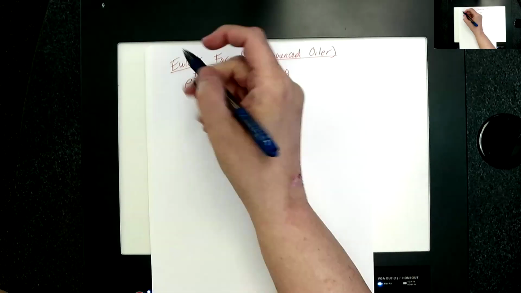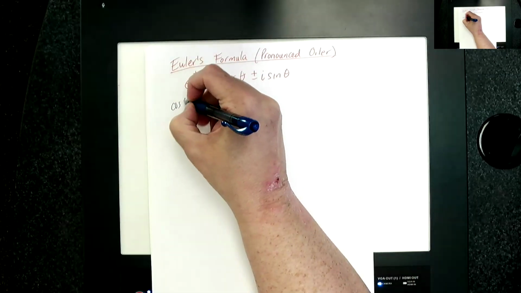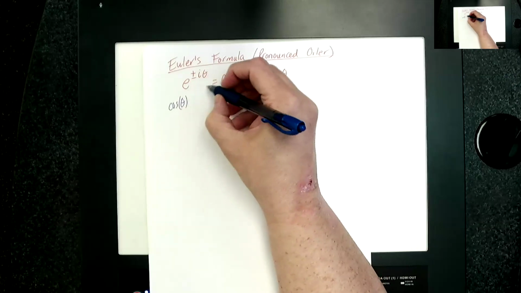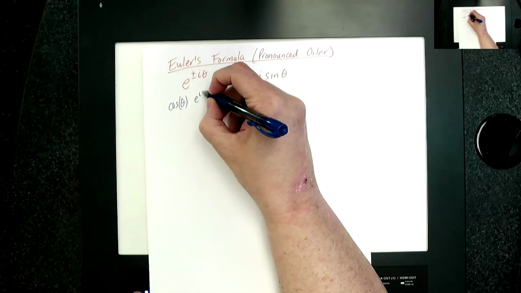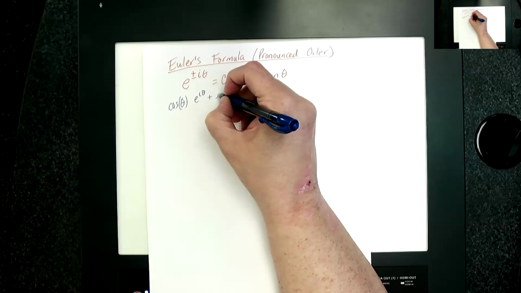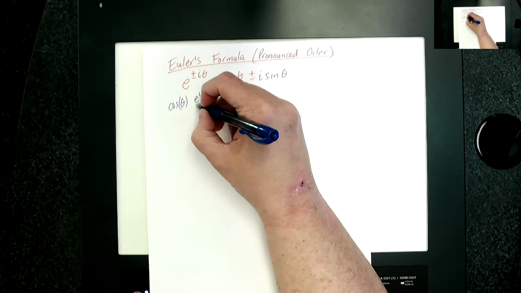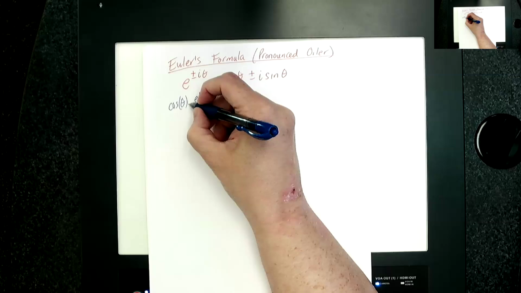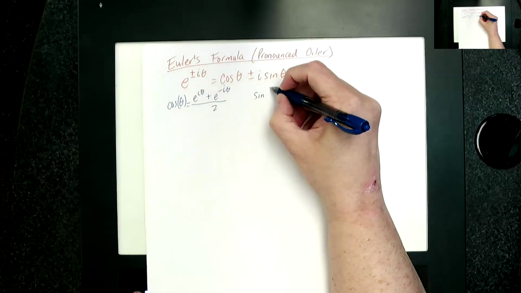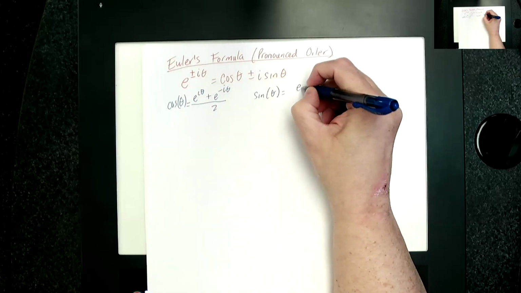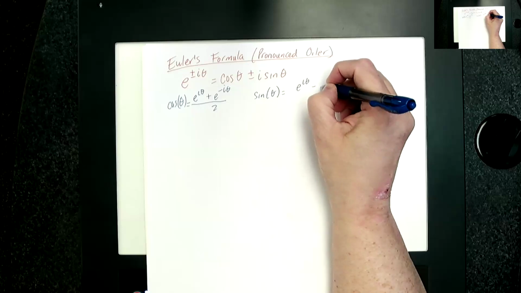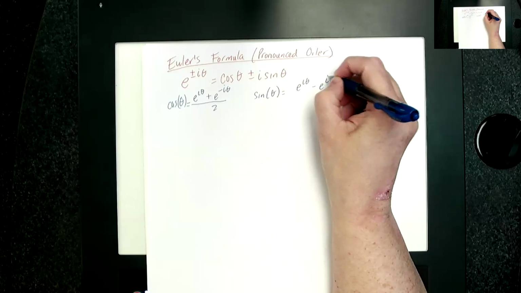So we could write cosine theta as e to the i theta plus e to the negative i theta over 2. And sine of theta is e to the i theta minus e to the negative i theta over 2.